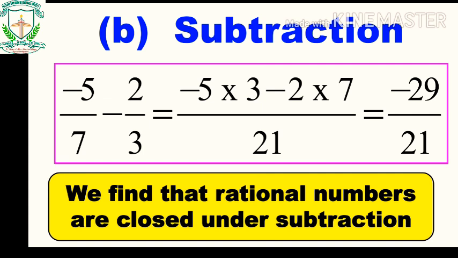Since 7 and 3 are prime numbers, we can multiply directly. 7 threes are 21 and we can do the cross multiplication, that is 5 threes are 15, that becomes minus 15. 7 twos are 14, so that is minus 14. Minus 15 minus 14 is equal to minus 29 divided by 21. Minus 29 divided by 21 is also a rational number. So subtraction holds good.